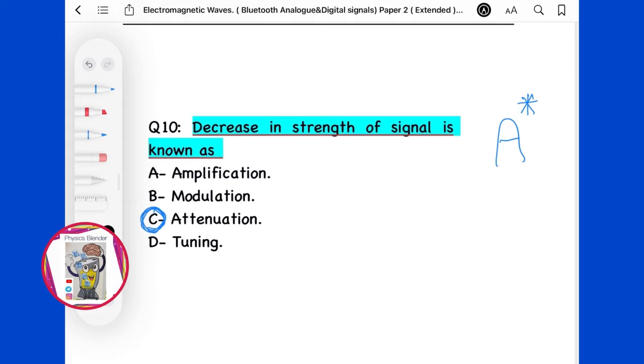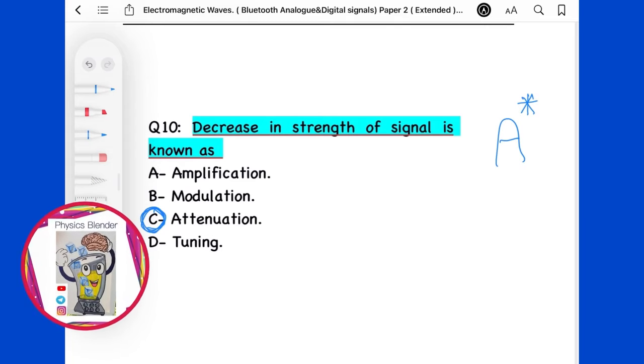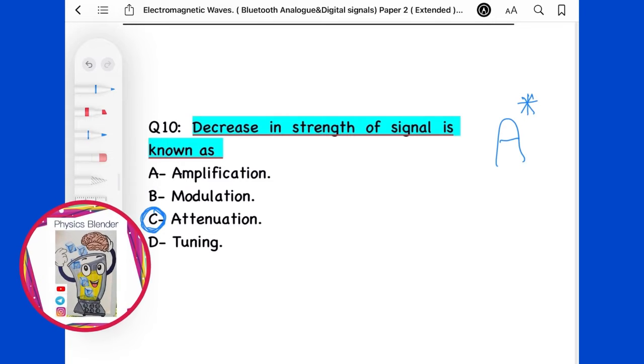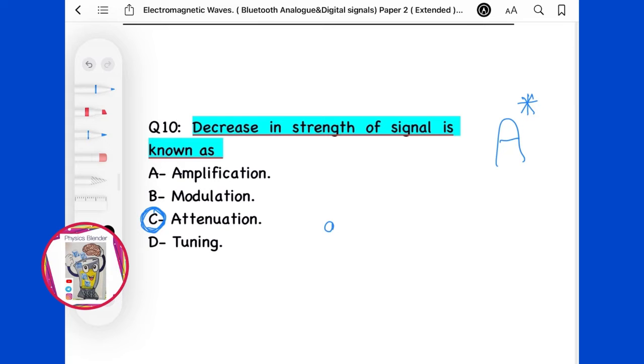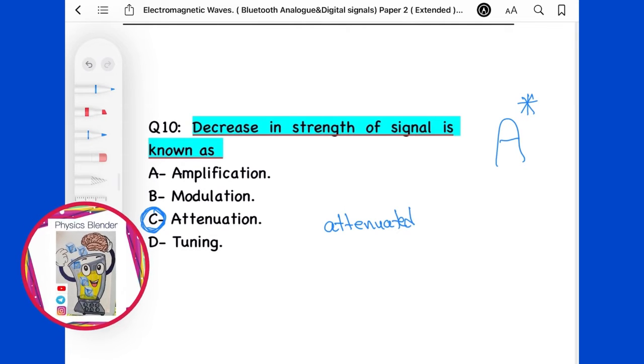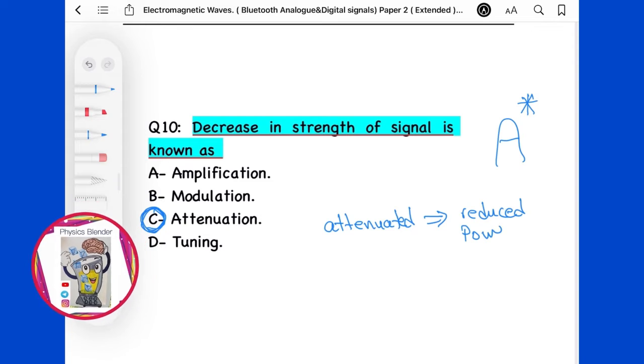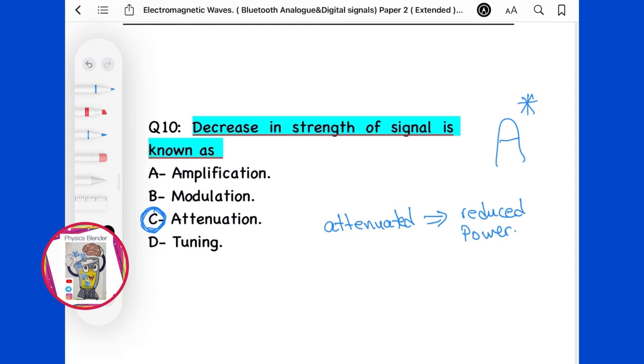They become weaker. So when I describe a signal as attenuated, it means reduced power. This definition is very important. Okay.